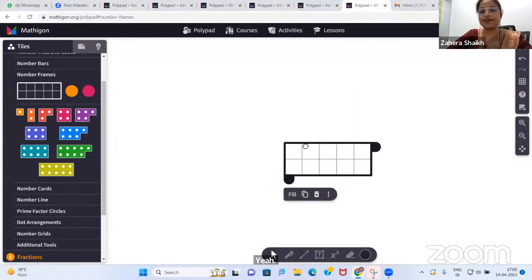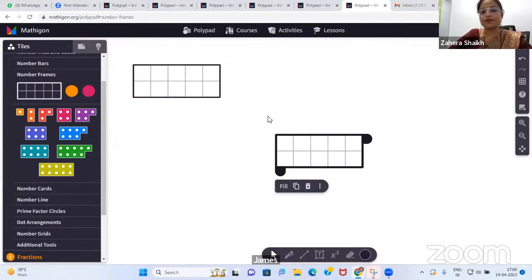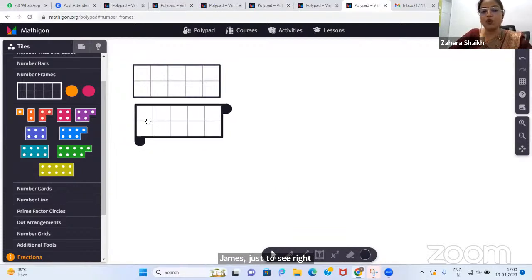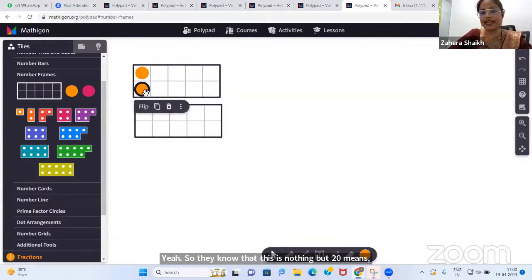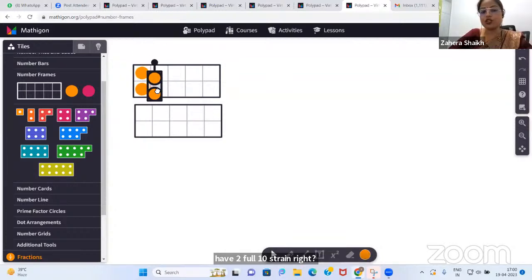Right? So they know that 20 means I have 2 full tens frames, right? Both the frames are filled with my 20 counters, right?